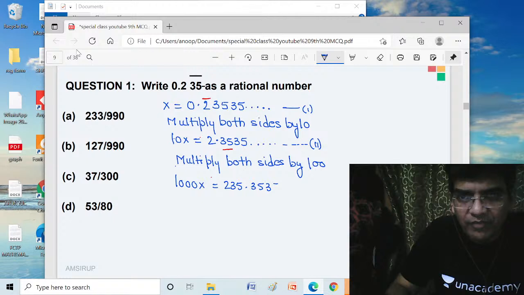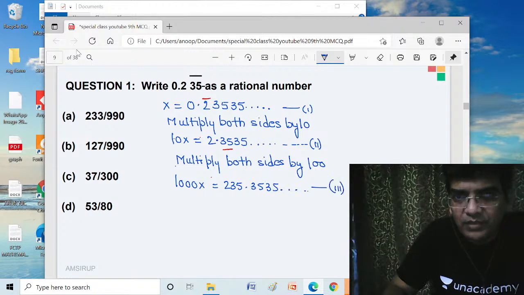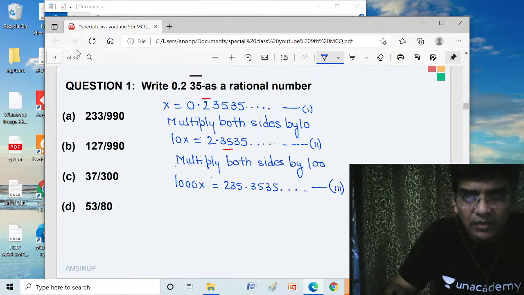Now you see in equation number 3 and equation number 2 the decimal part is the same, so I will subtract these two. From equation number 3 I am going to subtract equation number 2.